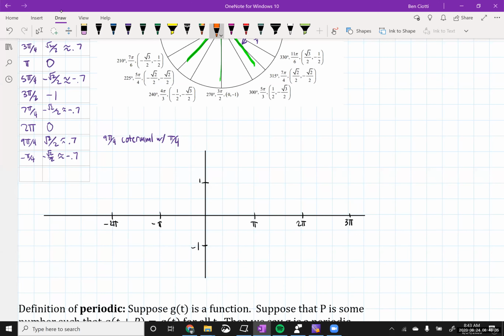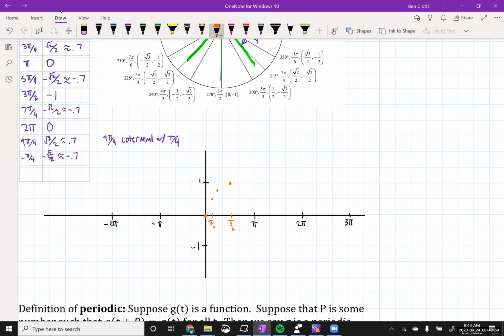So let's see, at 0, it was 0. Let's say if there's pi over 2, at pi over 6, it was 1/2. And at pi over 4, it was 0.7.